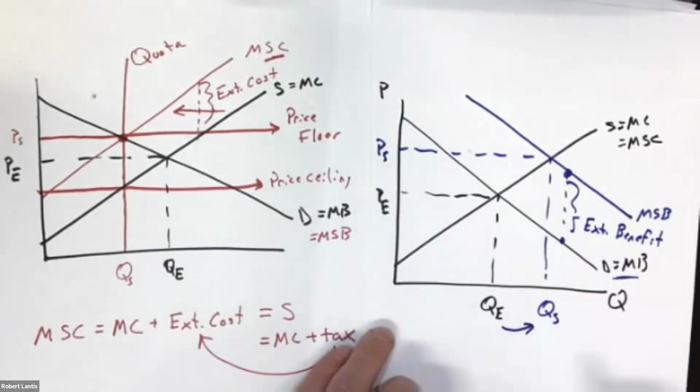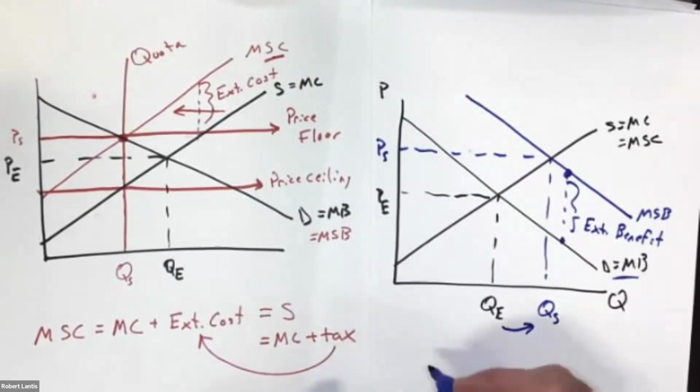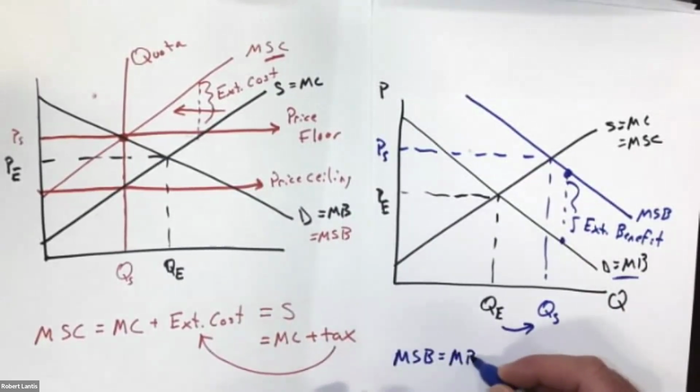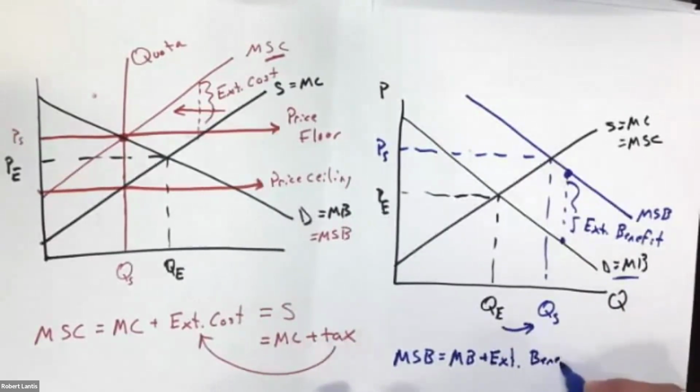How can I encourage the market to increase quantity? Well, if my marginal social benefit is just the private marginal benefits plus this external benefit, how can I get my demand curve to be exactly equal to that?